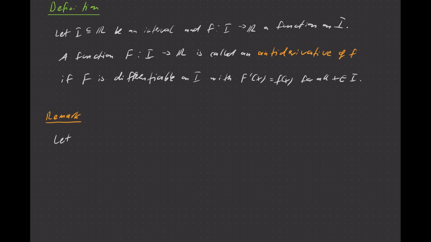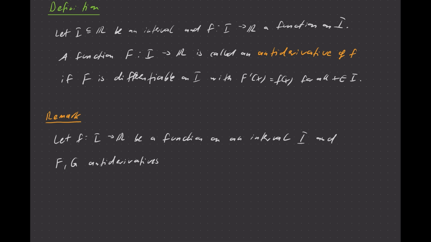So let f from I to R be a function on an interval I. And let's say we have two antiderivatives, capital F and capital G. Let those be antiderivatives of f.